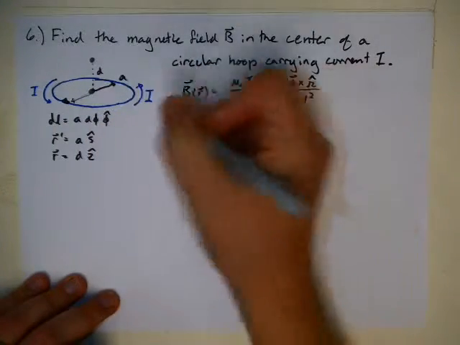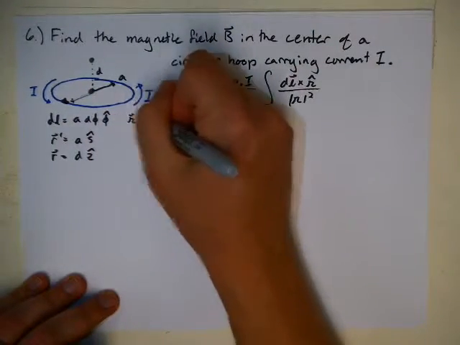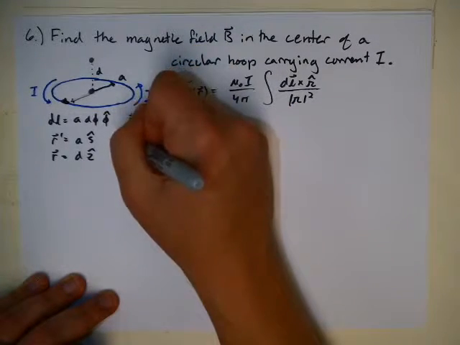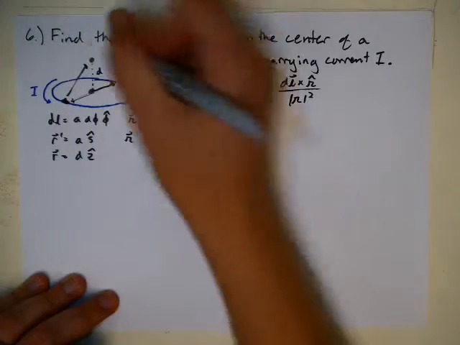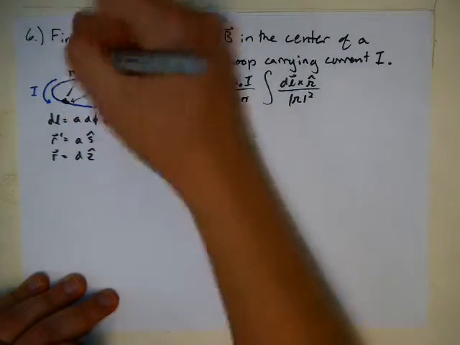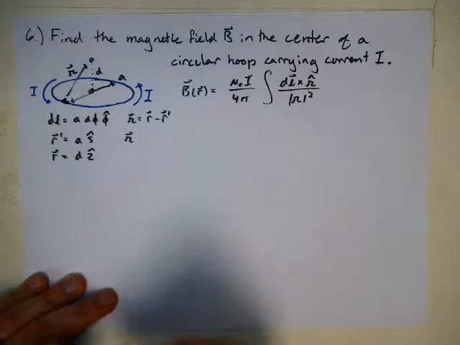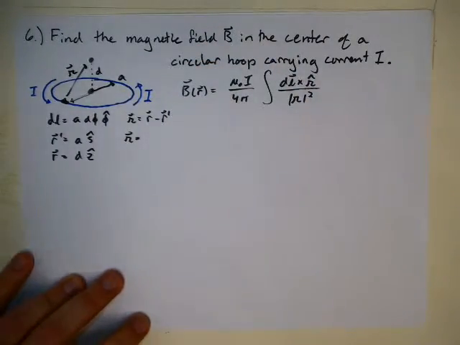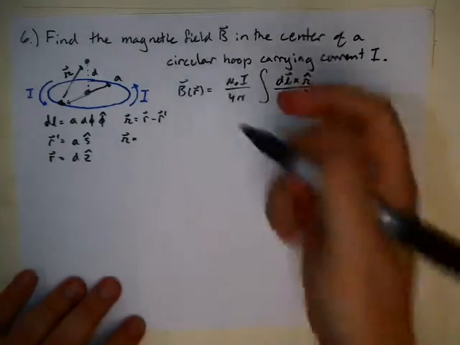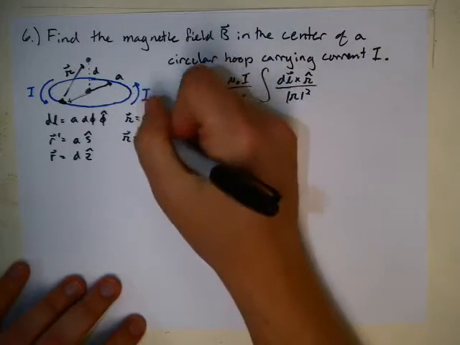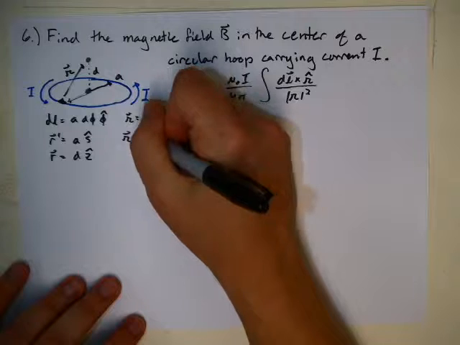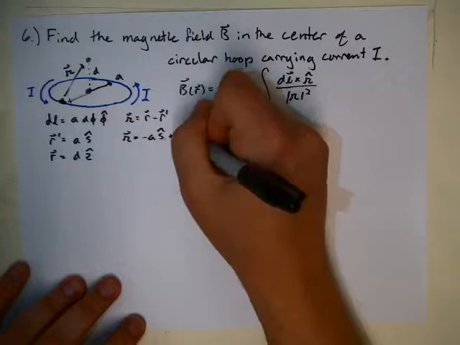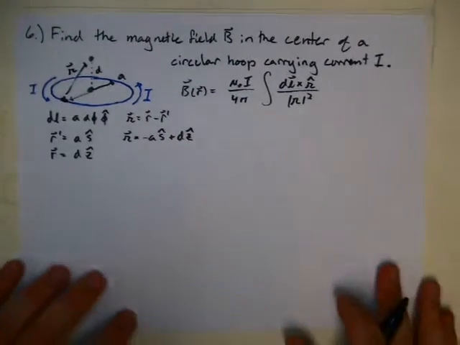Using these two and the definition that script r is equal to r minus r prime, script r, that vector there, is simply minus a s hat plus d z hat.